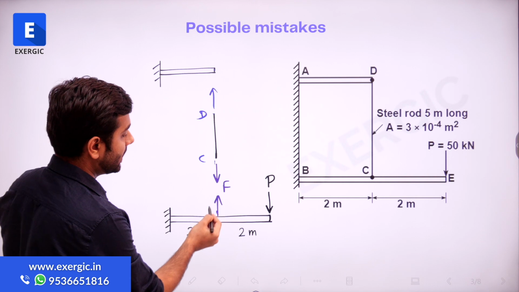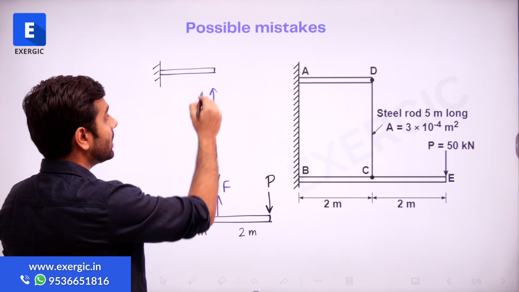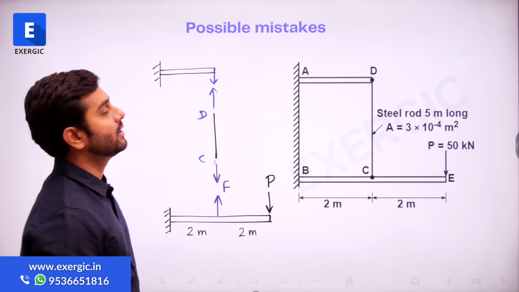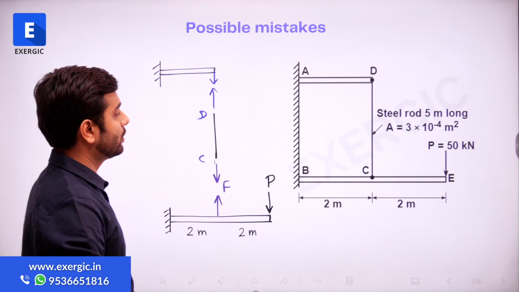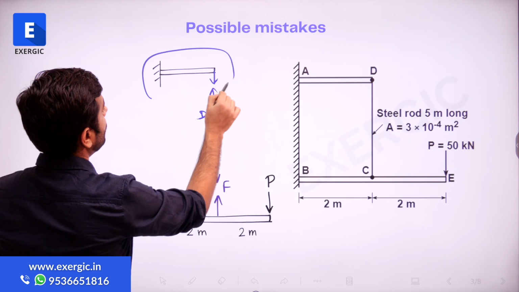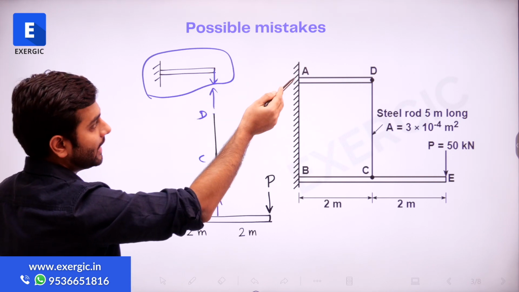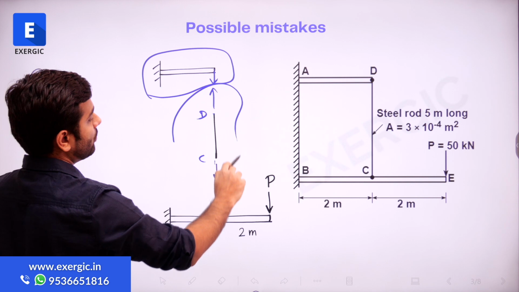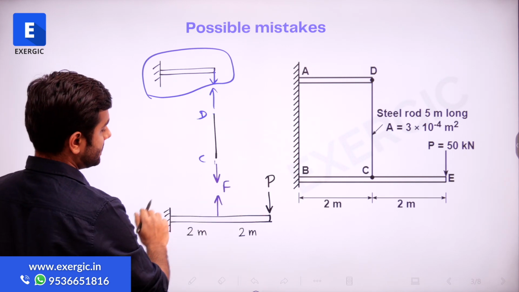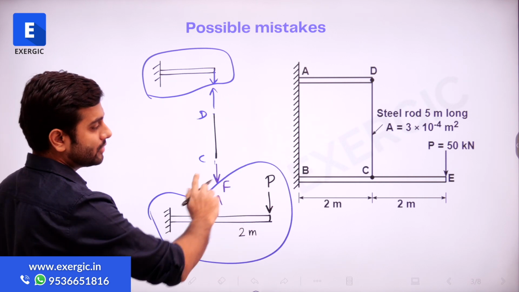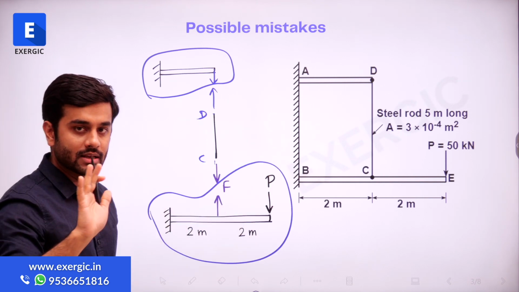So this will be the direction, upward direction at C. Similarly, if you look at D, it will have a downward direction, right? Basics of the starting 2 units, that's what we discussed. So this is the free body diagram of the top AD cantilever. This is the free body diagram of specifically the steel rod, and this is the free body diagram of the bottom cantilever beam. Is it all right?